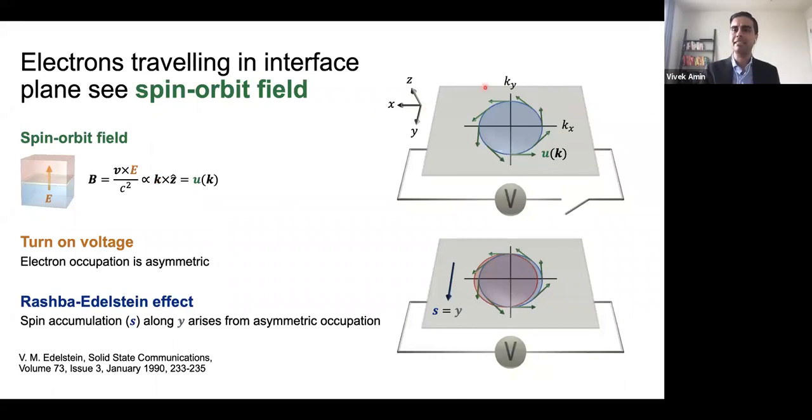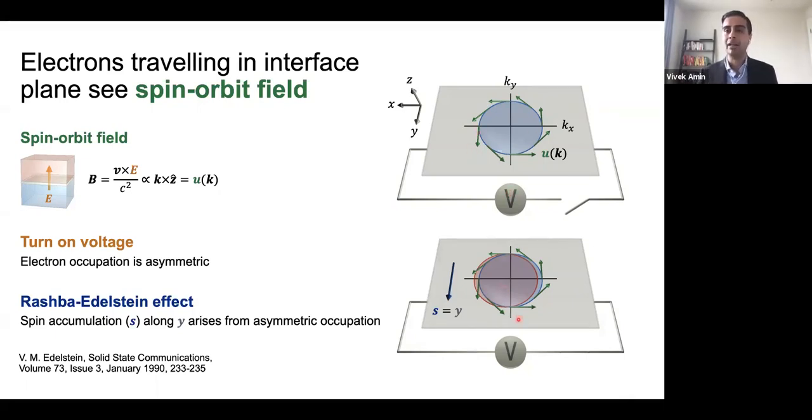So over here in this cartoon to the right, I've drawn the interface plane and all of the different electronic states that you might expect for at least one band at the interface. And you can see this green arrow over here represents that spin orbit field. And in equilibrium, when this circuit is open, I have no net spin accumulation because all of these different spins cancel out.